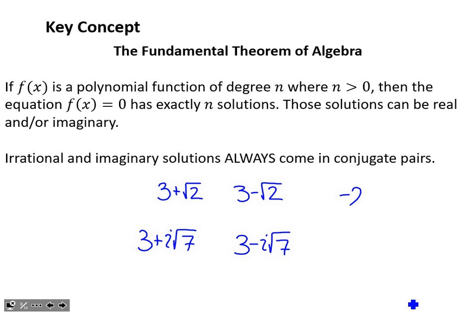Likewise, negative 2 plus root 17 means its conjugate, negative 2 minus root 17, is also a solution. They come in those pairs. And it's always the sign on that square root term, because that's where plus or minus came in the quadratic formula.